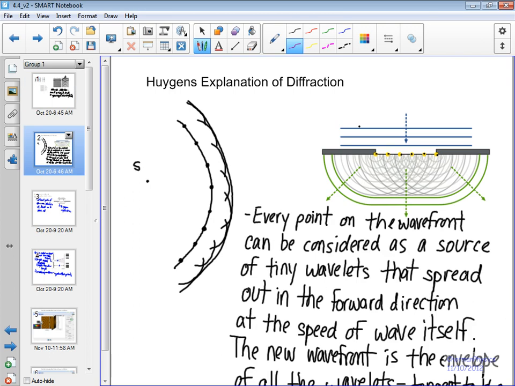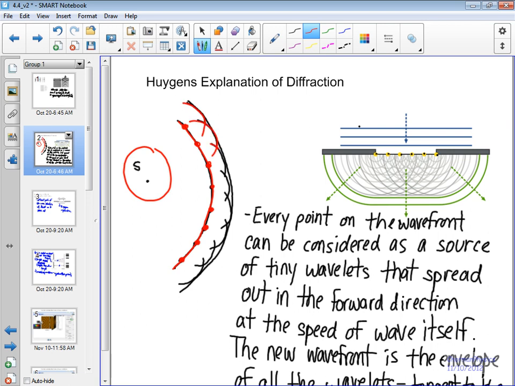Christian Huygens basically said, you have a point source, S, right here, emitting waves equally out in all directions. So I have my little line of waves coming out right here, and on top of this, I've drawn equally spaced points. Now, what he said is that every point on this wavefront can be considered its own source. So if we consider it its own source, we can draw circular wavefronts around each of these.